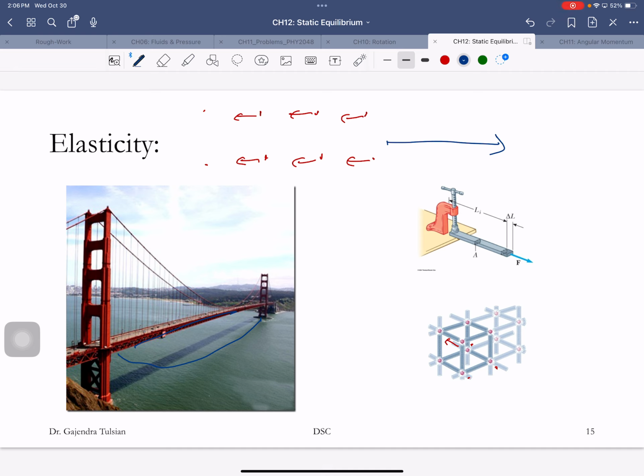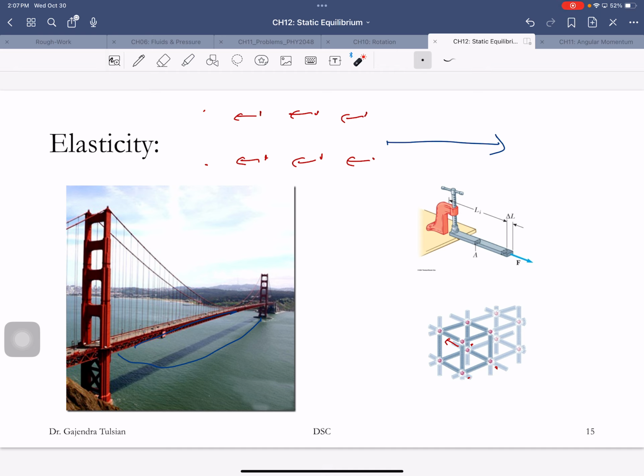Okay. This is called tensile stress, when you're increasing the length of the object. So the predominant dimension is the length, which is changing. That's what's noticeable. Is there any other dimension that is changing? I'm sorry? The width.